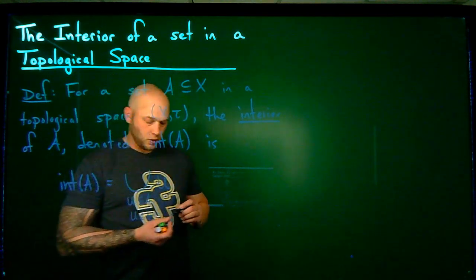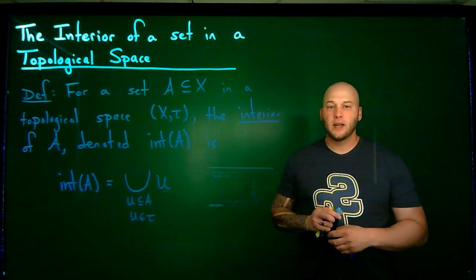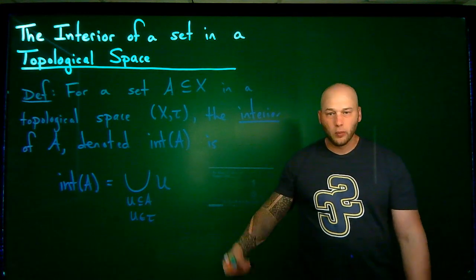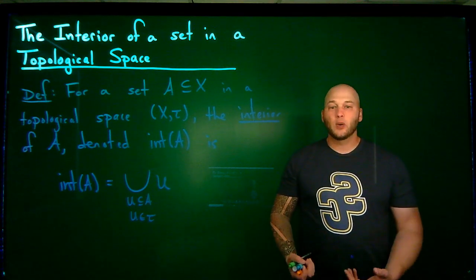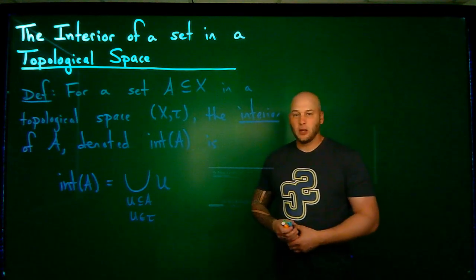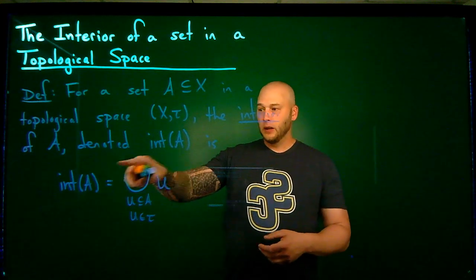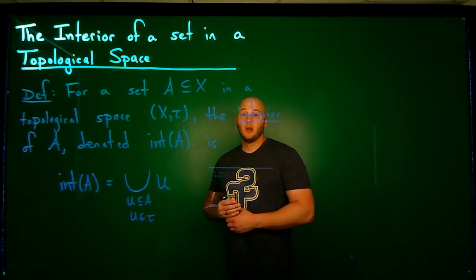In other words, it's the union of every single open set contained in A, and even if this is an uncountable union, or even countable, it is still going to be open because in a topology the arbitrary union of open sets is open. So the interior of A is the union of open sets contained within A.